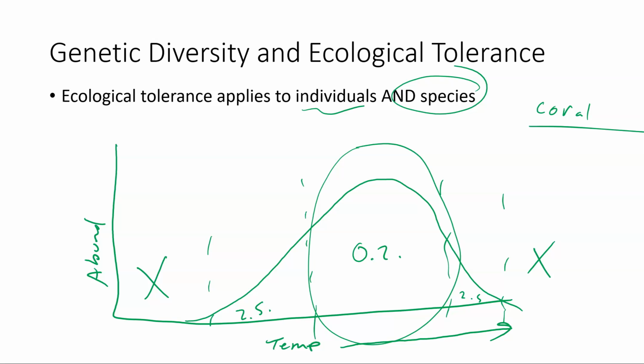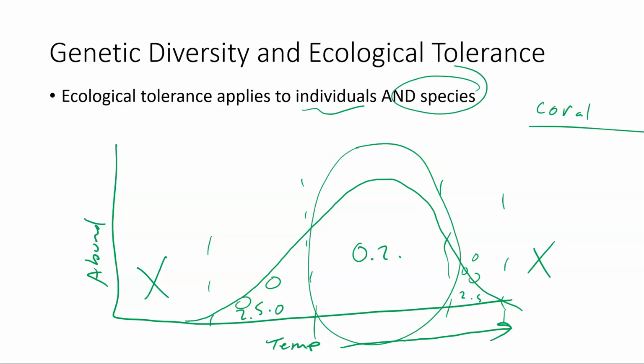So remember, we have genetic diversity within a population. Okay, and when that population is genetically diverse, there's going to be some individuals that are better able to tolerate certain conditions than other individuals, even though they're the same species. All right, so we're going to have some corals that tolerate higher temperatures pretty well, and we're going to have some corals that tolerate lower temperatures very well.